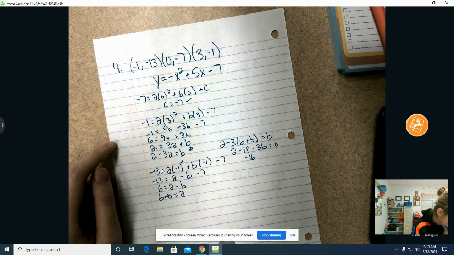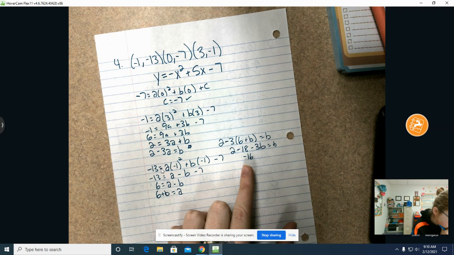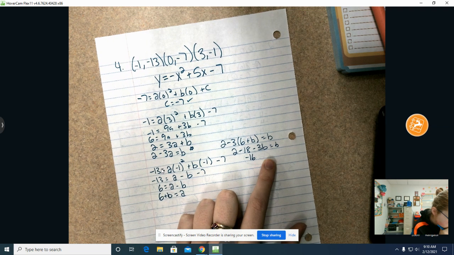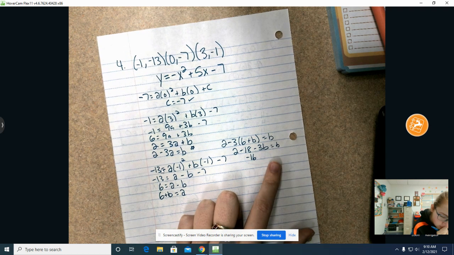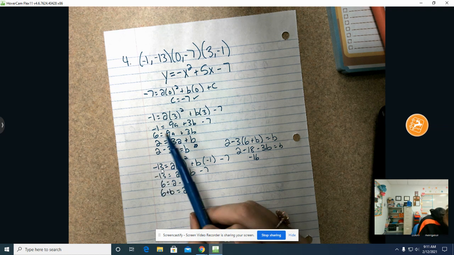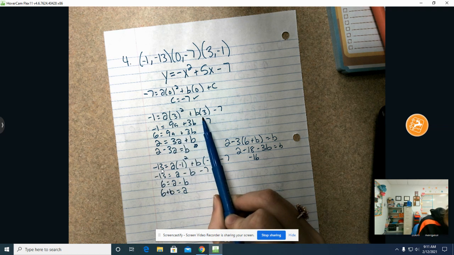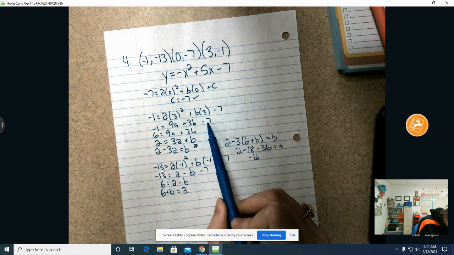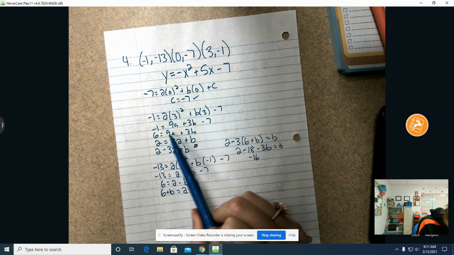Miss Morgan might have an error in her answer key. Let's see. Did Miss Morgan mess up somewhere? Negative 1, 9 squared, 3b minus 7 plus 7, 6.